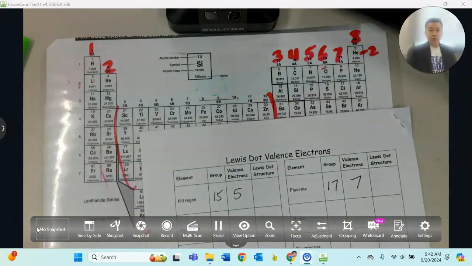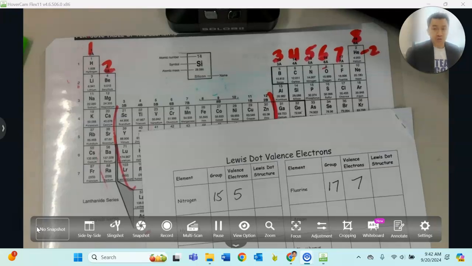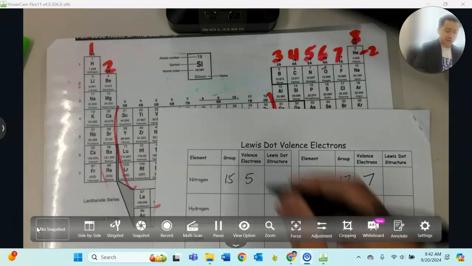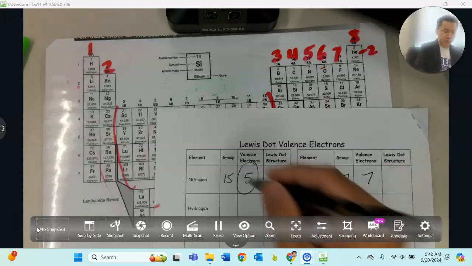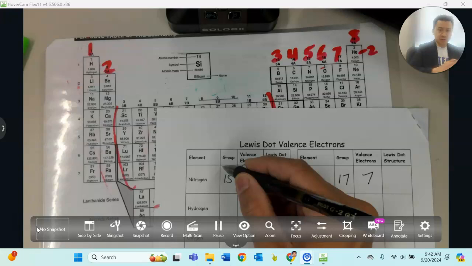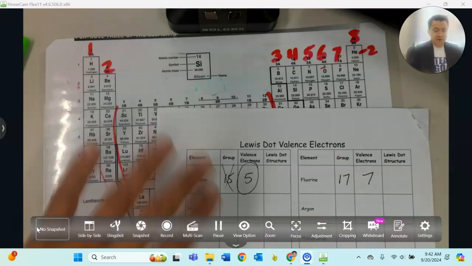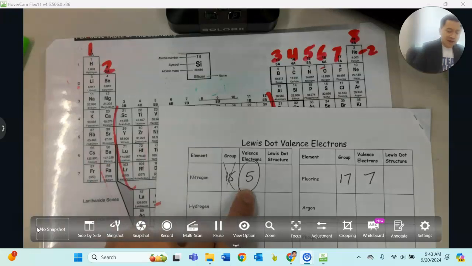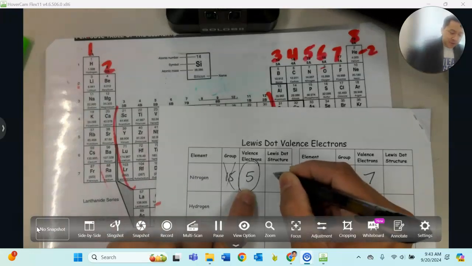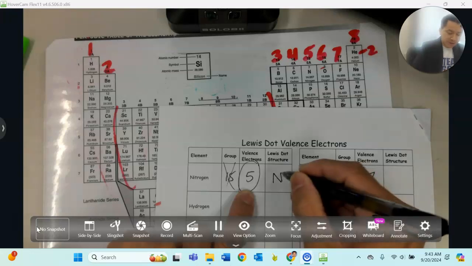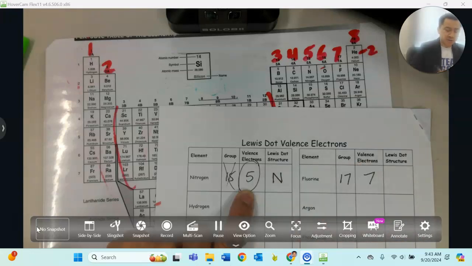The way you draw the Lewis dot structure is very, very simple, guys. We're just counting up to 8 electrons. Don't draw the X on yours, I'm just using it for emphasis here. So, 5 valence electrons: you write the nitrogen symbol and pick a side to start. It's top, bottom, left, right, so north, south, east, west, only those 4 sides.